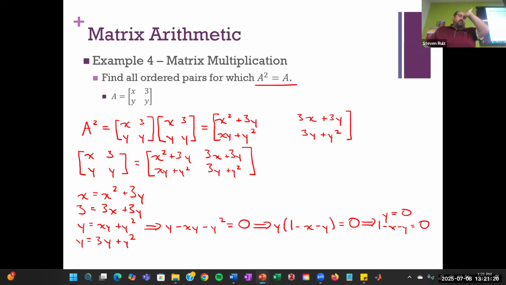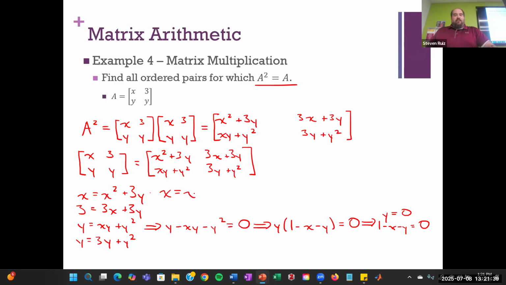Questions so far? Let's see what happens when y equals 0. What does that tell me about x? If I plug 0 in for y in this top equation, what do I get?